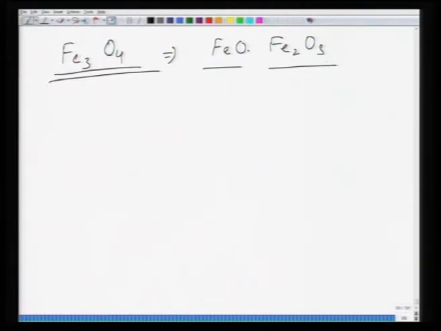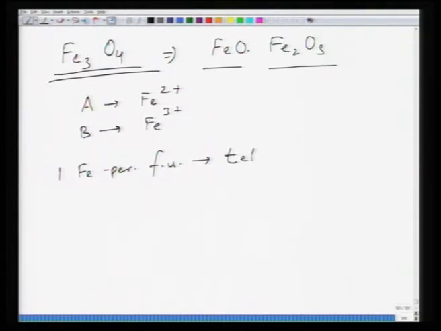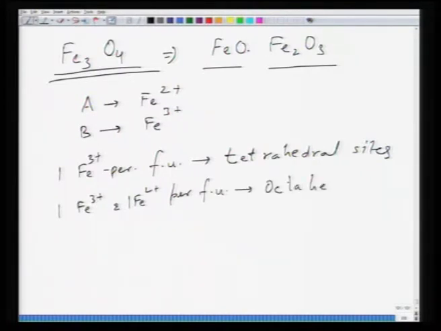And what happens here is your A ion is Fe2 plus and B ion is Fe3 plus. So you have one Fe3 plus per formula unit going to the tetrahedral site, and one Fe3 plus and one Fe2 plus per formula unit going to the octahedral site.